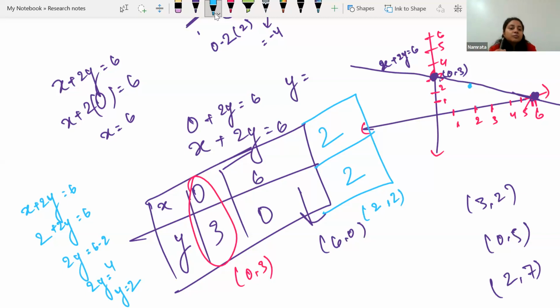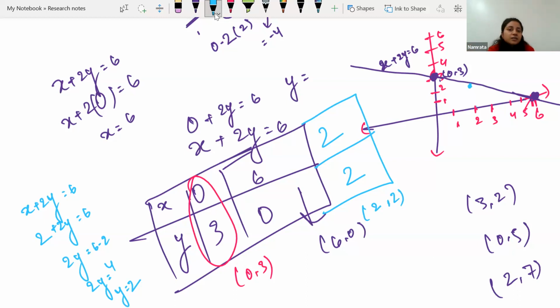Even if we take 3 points, 4 coordinates, 5 coordinates, it will be the same graph only, but it will be more accurate. You can join all those points by keeping the scale properly. And if you want to draw it quickly, you can just draw it with the first two points which I have taken.